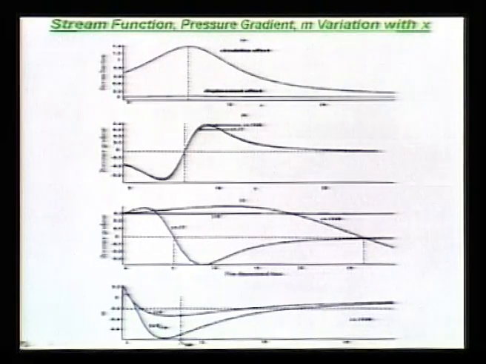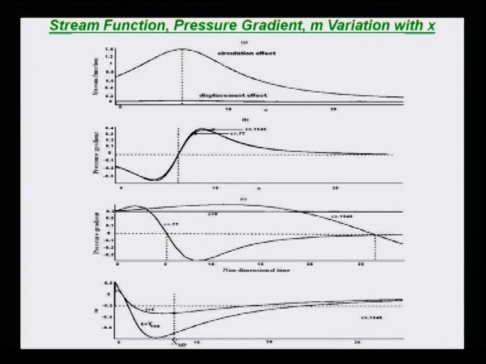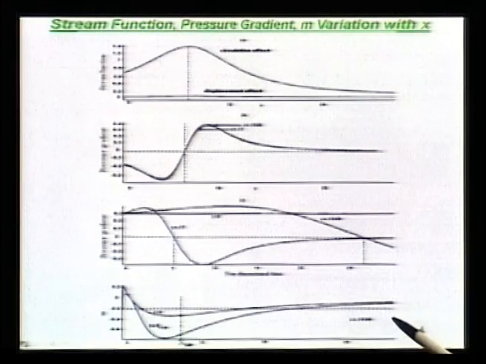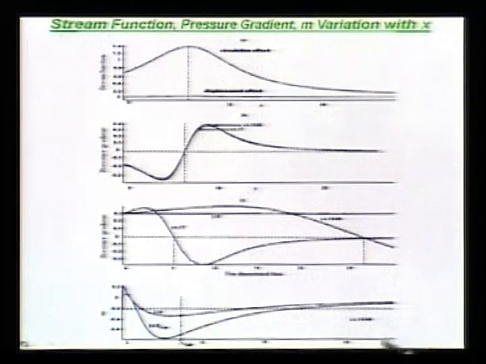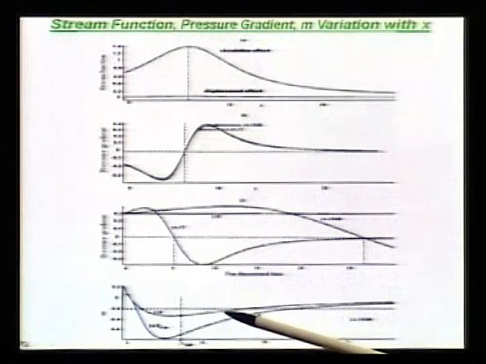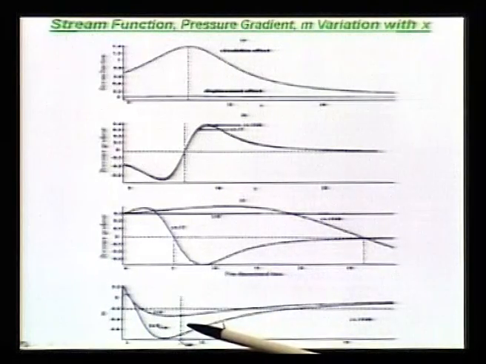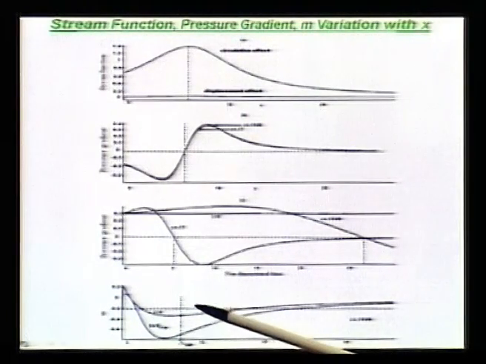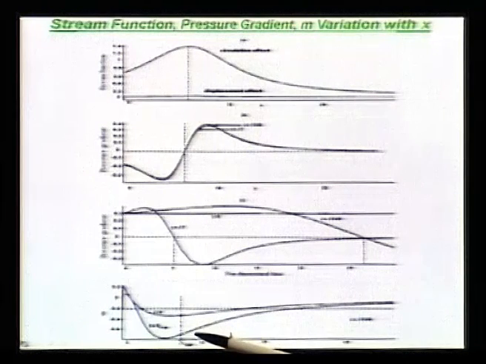What is this dotted line? This dotted line corresponds to the case where you have a steady flow separation, right. So, even at the initial time instant, we have a range of x where you have adverse pressure gradient that is more adverse than what you get for steady separation.